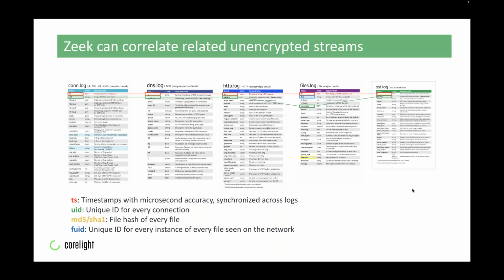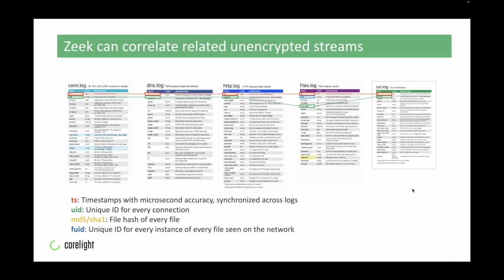So that starts on the left-hand side with the conn.log. That's where we track all of the connections that take place between any endpoints. Every network flow will have an associated conn log entry. Again, I appreciate it's pretty difficult to see, but you can see a red box and a green box, unless of course you're red-green colorblind, in which case they will both look exactly the same, and apologies for that.